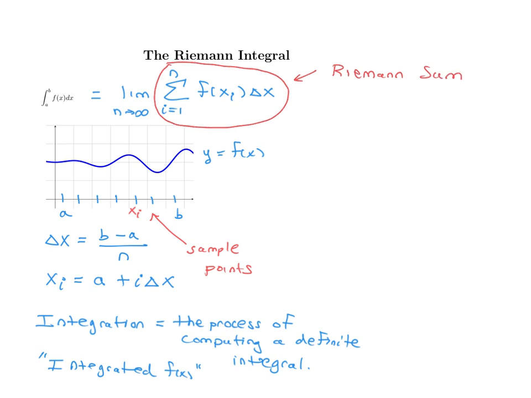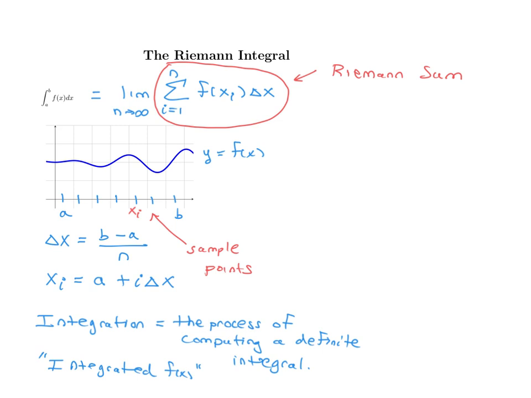It's the part of the Riemann integral that you can use to approximate the area before you actually compute the limit. And one other term before moving on. If this value exists, we say that f is integrable on the interval from a to b.